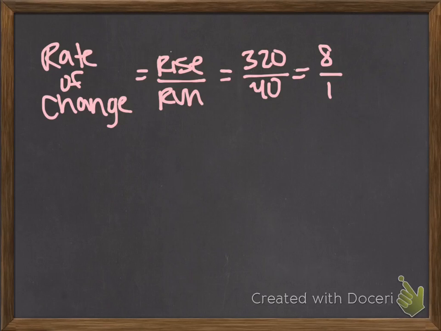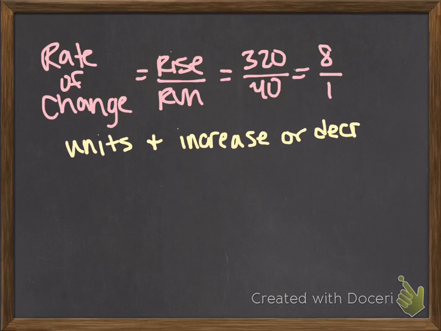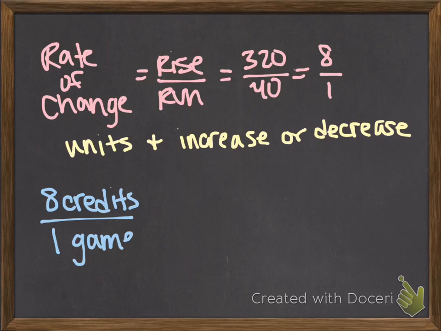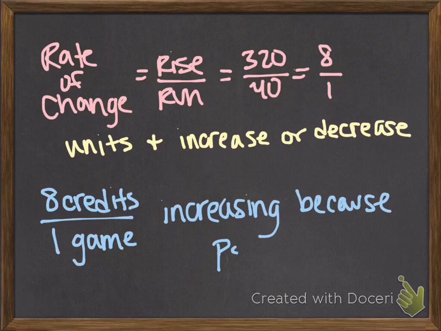If I rewrite this unit rate, 8 over 1, using units, then I get 8 credits per one game, and as I play a game, my credits increase. So this is a rate that is increasing, and because our rate of change is positive, it's a good indicator that it's an increasing rate.